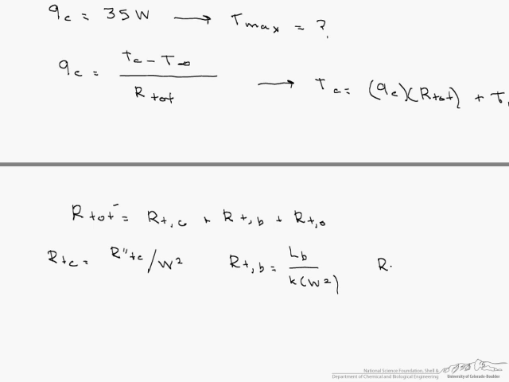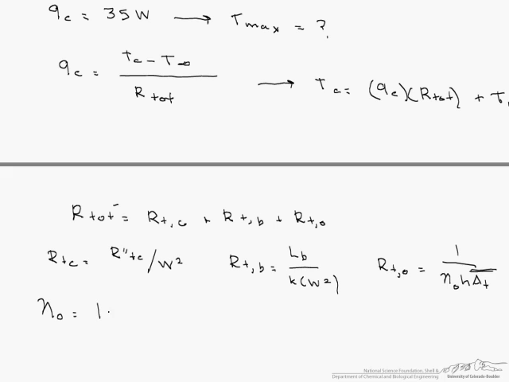And finally, our overall resistance for the array is 1 divided by eta sub 0 times H times the total area that it works on. So let's start with this last term. In order to solve for it, we have to find this eta sub 0.